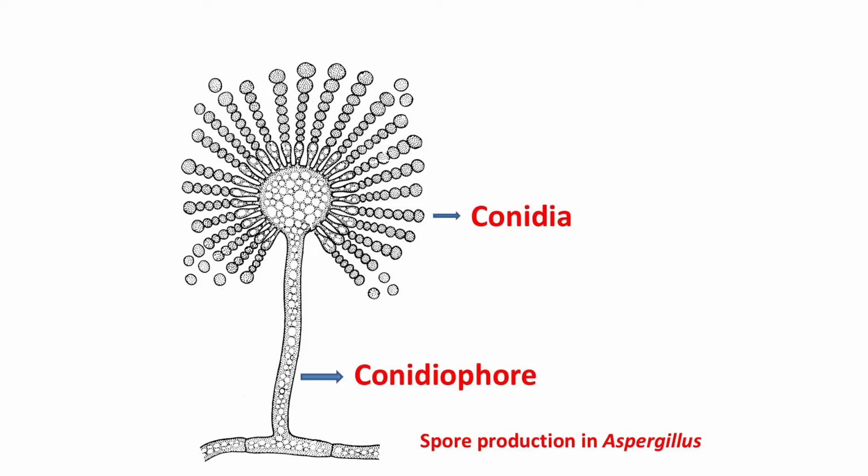All fungi, lower fungi and higher fungi, especially these Ascomycetian fungi, produce lots of asexual spores along with sexual spores, but here we have shown asexual spores.